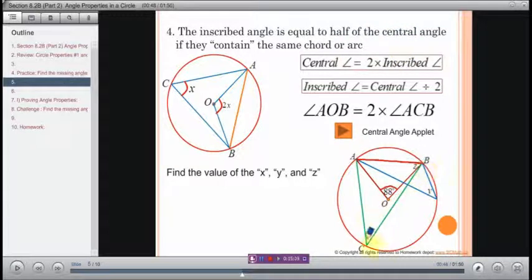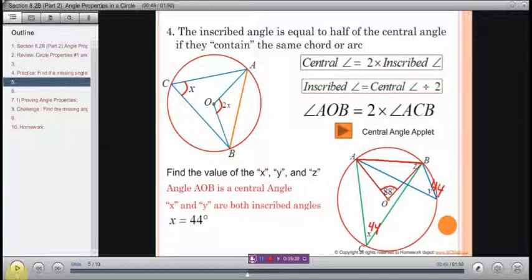So this, which is coming from the same chord AB, must be half of 88. So that means that must be 44. This angle Y is coming from the same chord, so it must also be 44. So again, AOB is a central angle, and because X and Y are both inscribed angles that come from that same chord, X is 44 and Y is 44, like I just told you.